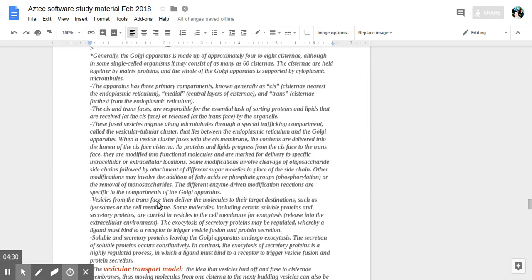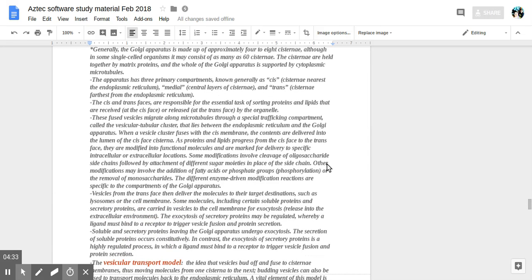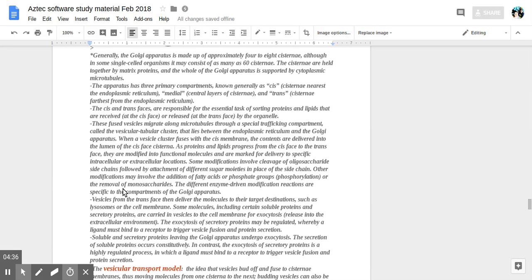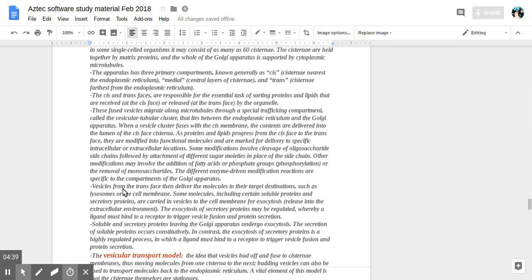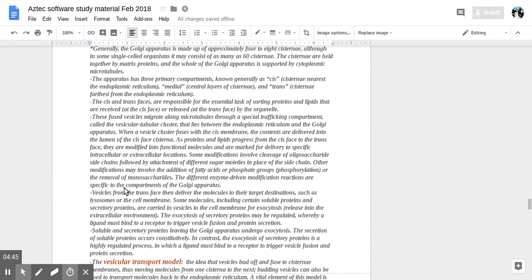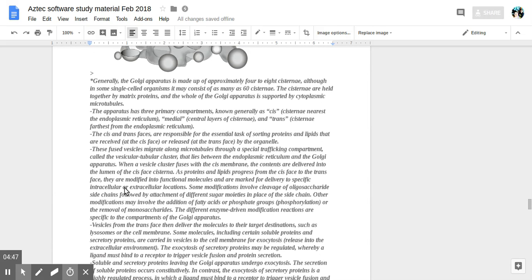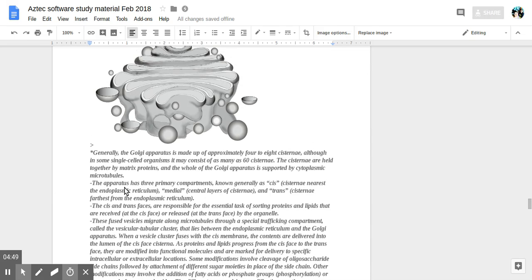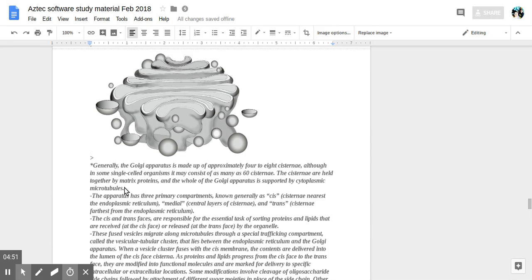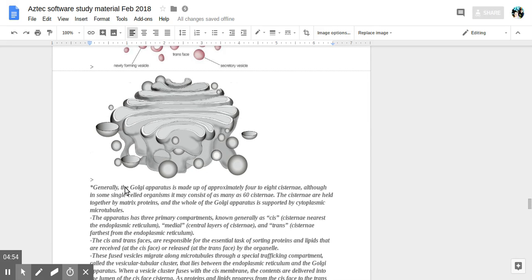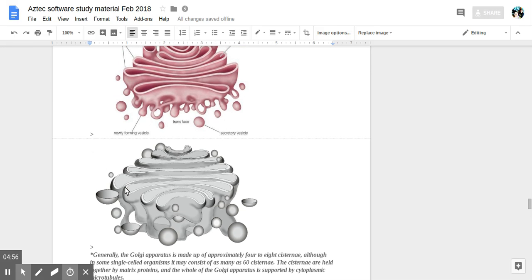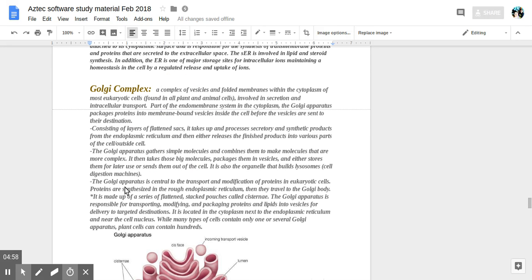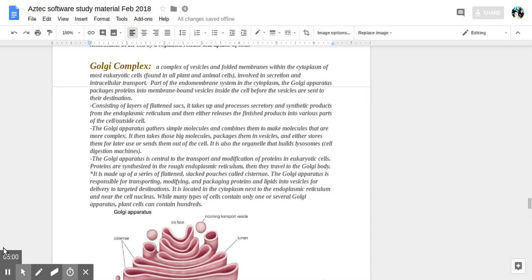So modifications involve cleavage or addition of various molecules, fatty acids, phosphate groups, sugar groups, etc., marking molecules to go to various intracellular and extracellular locations.